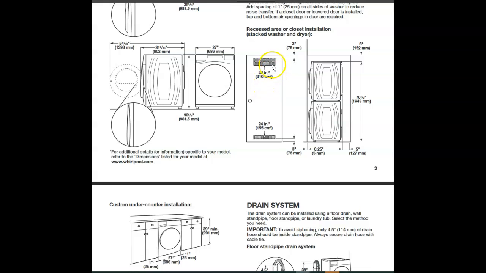If you're installing it behind closed doors, then you need to supply ventilation, just as they have put in here, right? So you need to provide it at the top and at the bottom. Whether they're stacked or side by side, you are looking at putting 5 inches between the back of the unit and the back of the wall.